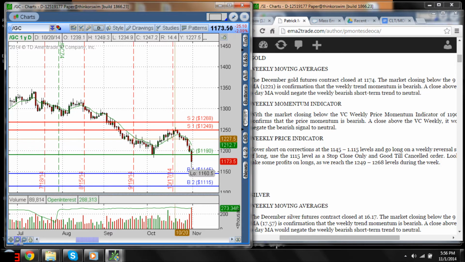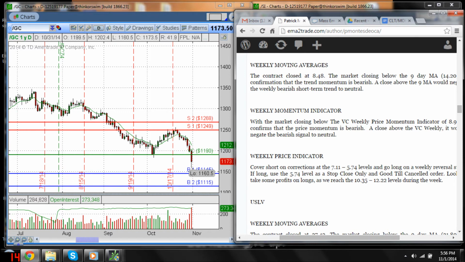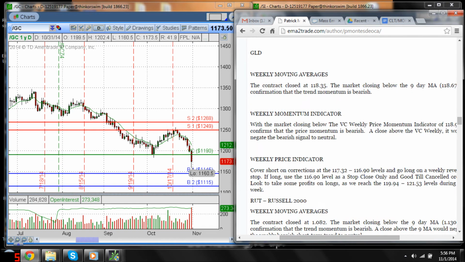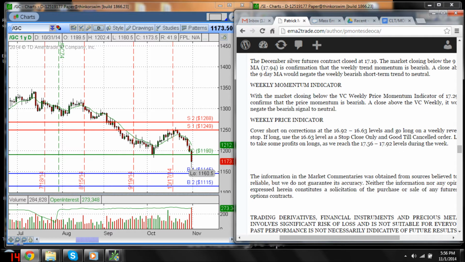Basically, October 24th, it told you that if you were long, and we were long coming in from 1231, you take profits of the previous week. They were saying that if you hit 1249, you should be able to take some profits. And we did get up to these levels.